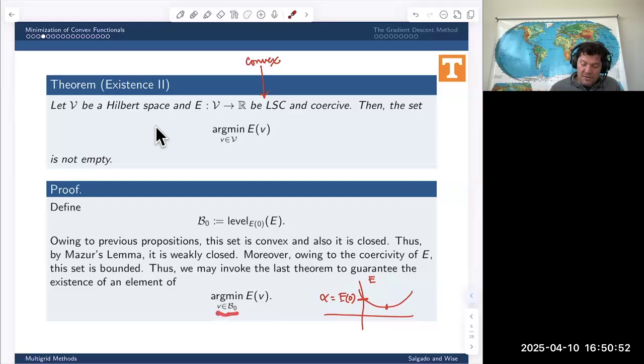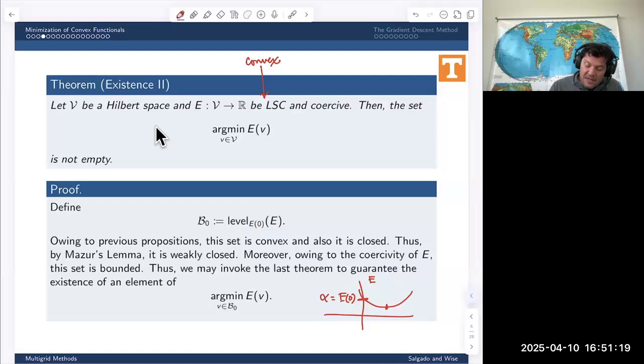But now, is it possible that this set here is the same as this? Well, now I'm going to argue in the following way. I know that my minimizer's got to be in some sublevel set. If you give me a sublevel set, and I keep saying sublevel curve when I mean to say sublevel set, remember how it's defined.